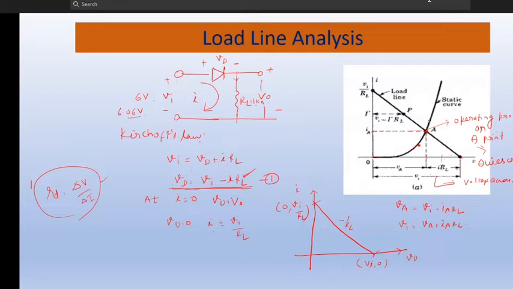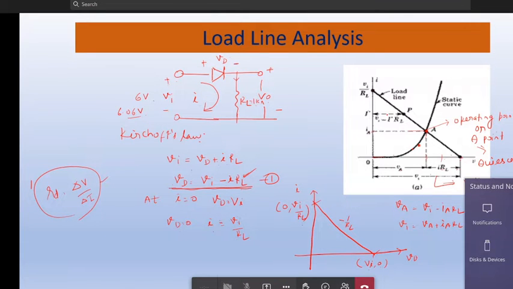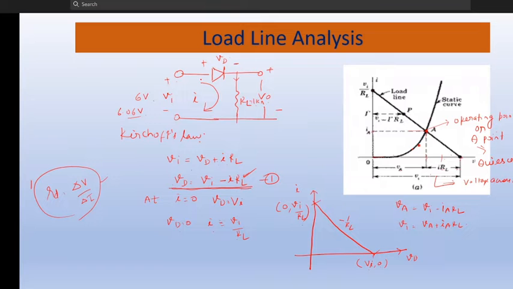The idea is that the point at which it intersects with the characteristics of the diode is called the operating point. So we fix our operating point. This operating point may also move up and down, because we are talking about the static characteristics. Static means it is fixed. We are thinking that the input supply is fixed, not varying.